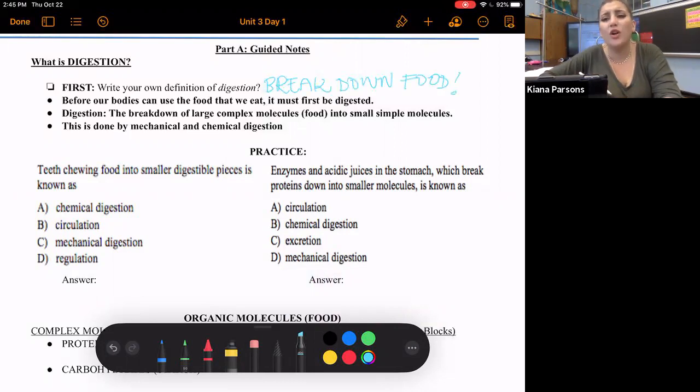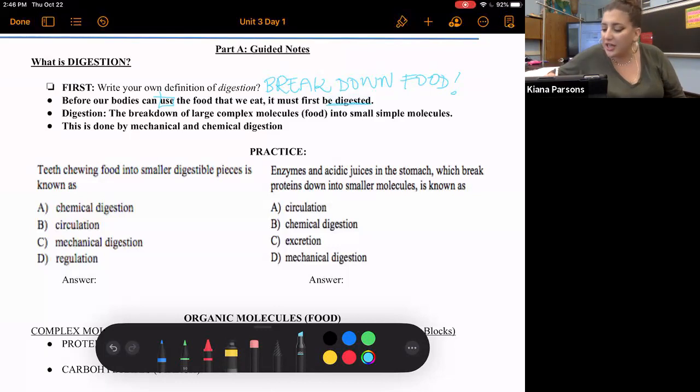Right? But as I said, we're not just talking about digestion happening in the organism. We're talking about digestion and nutrition happening even at the cellular and at the organelle level. Before our bodies can use the food that we eat, it must first be digested or broken down.